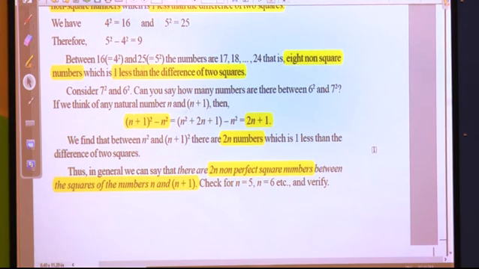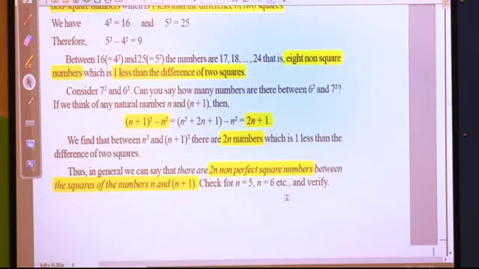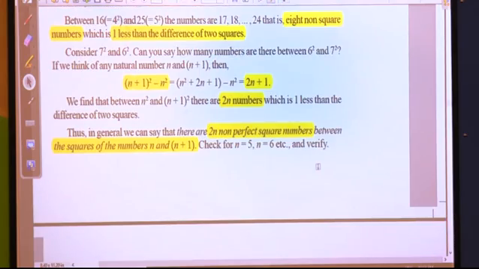Now, what they are saying is, check for n equal to 5, n equal to 6 and verify. They are asking us to check it and verify it. Let us see here only.